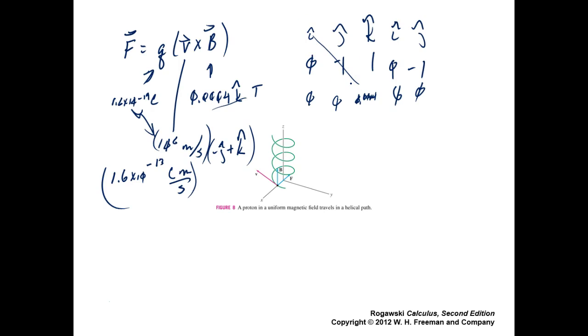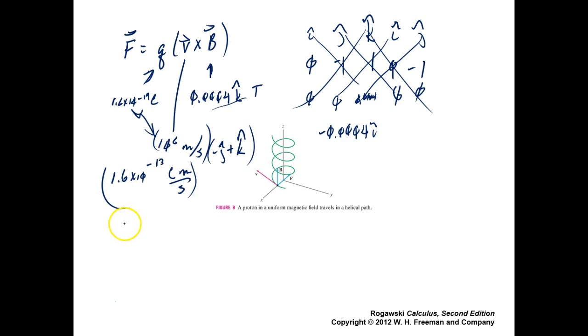That gives us a negative 0.0004 I. That gives us a 0, and that gives us a 0. So there's your answer here.